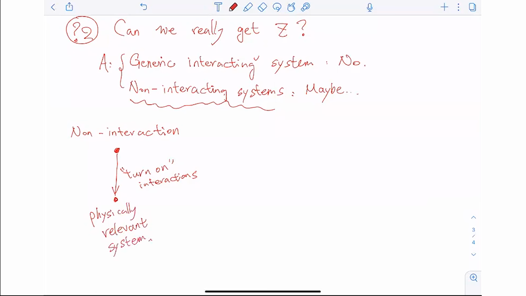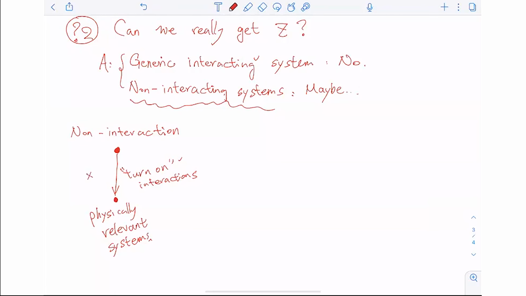So what we are trying to say is that if we know what happened at the non-interacting limit, and we try to turn on the interactions in a theoretical idea, then maybe we are able to reach the point where we are able to describe the physically relevant systems. Okay, so that's one possible way to go.